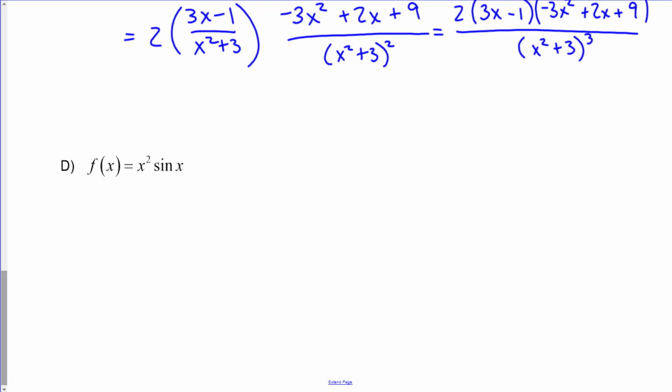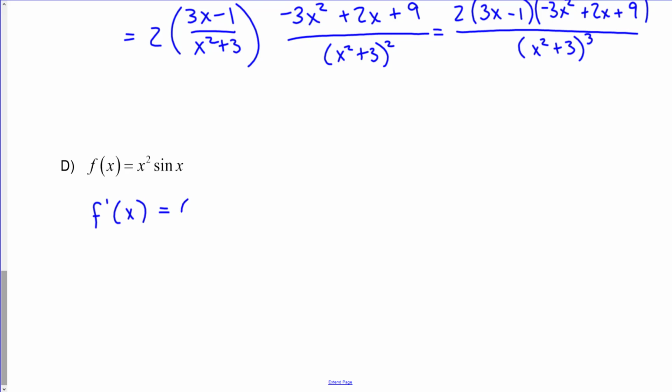To do this derivative, the first function is x squared. The second function is sine x. X squared doesn't require the use of the general power rule. So when I go to get my derivative, I don't need a general power rule here.